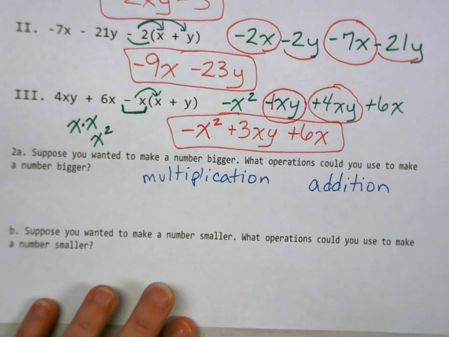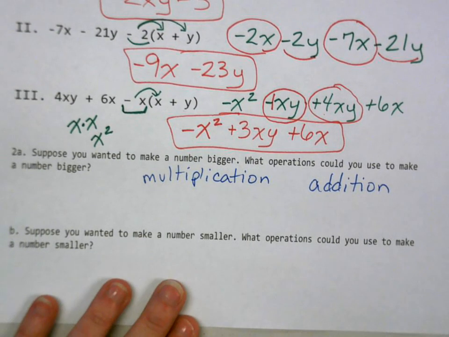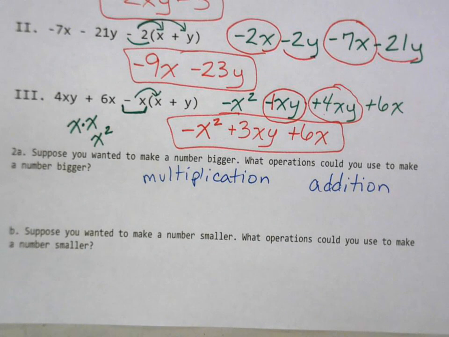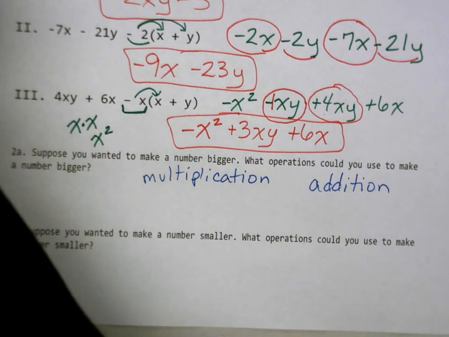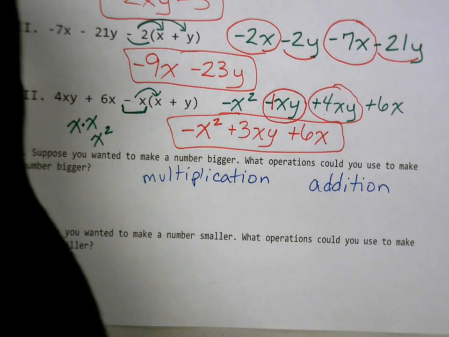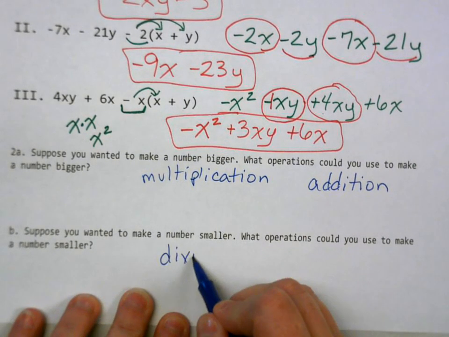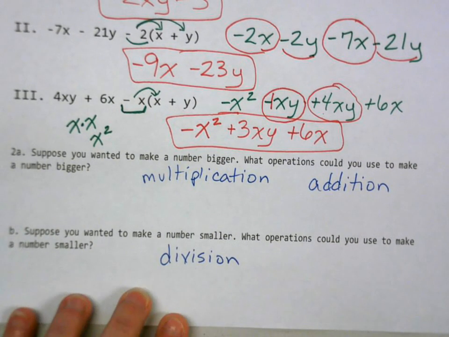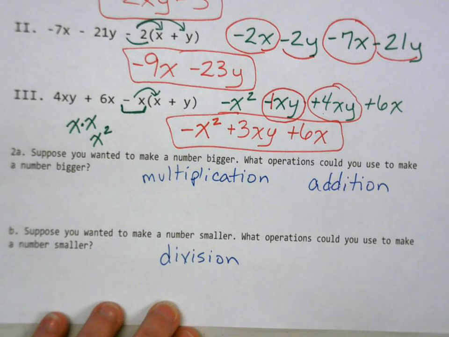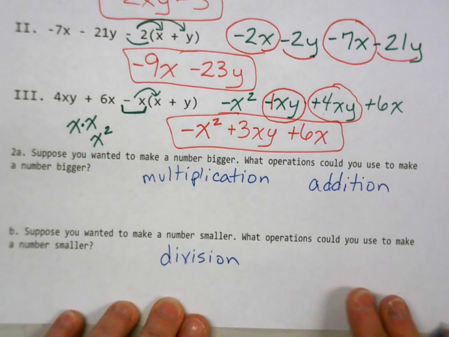It makes it more clear. So is there anything else that would make numbers bigger? No, dividing is smaller. Okay, so division goes down here for smaller. What other one would be for smaller? Subtraction.